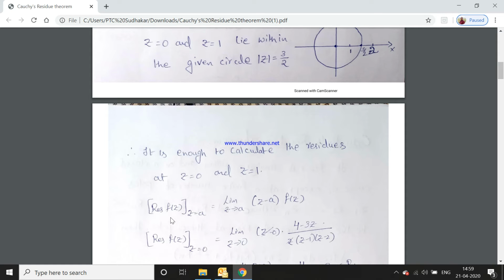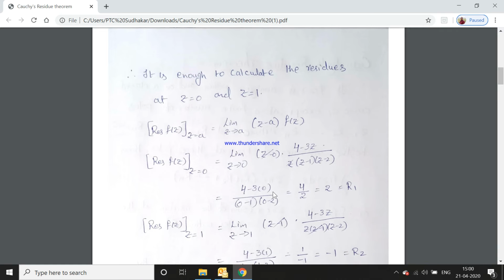Now the formula for the residue at z equal to a is limit z tends to a of (z minus a) times f(z). So the residue of f(z) at z equal to 0 is limit z tends to 0 of (z minus 0) times (4 minus 3z) by z(z minus 1)(z minus 2). Here z minus 0 means z cancels. Applying z tends to 0, we get (4 minus 0) by (minus 1)(minus 2). That is 4 by 2, whose value is 2. That is the first residue R1.